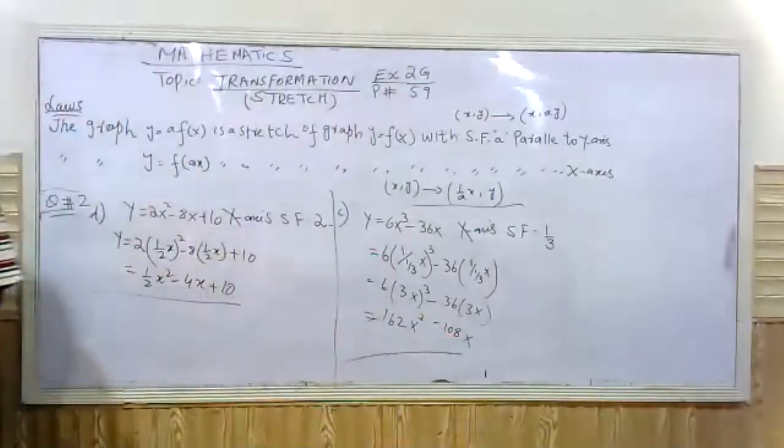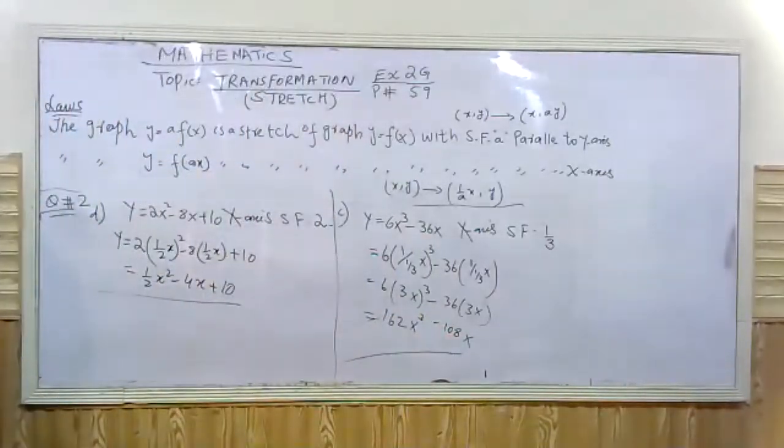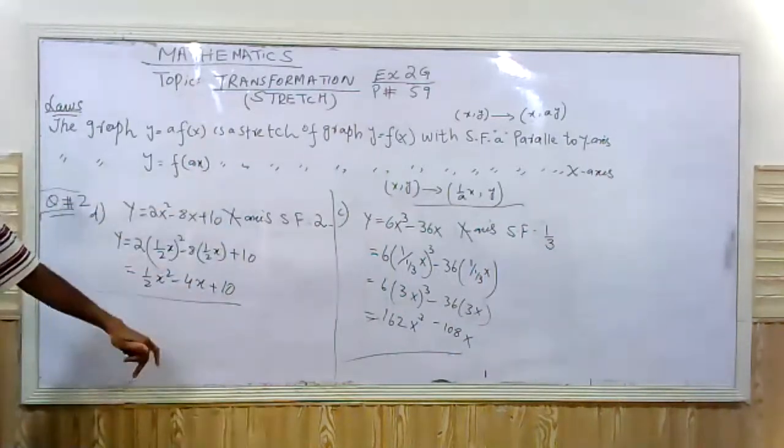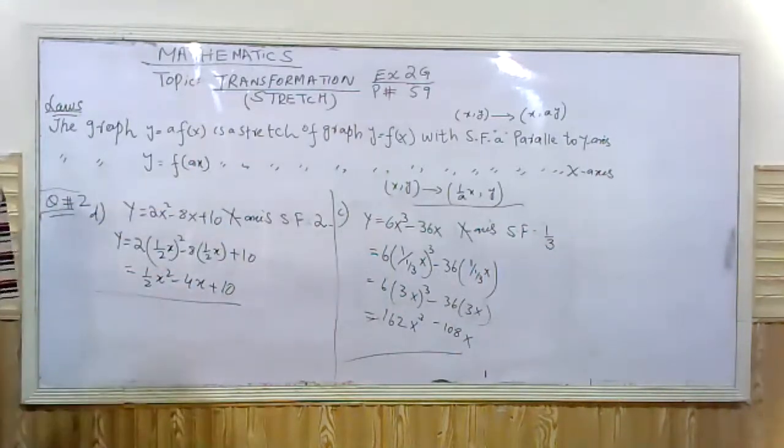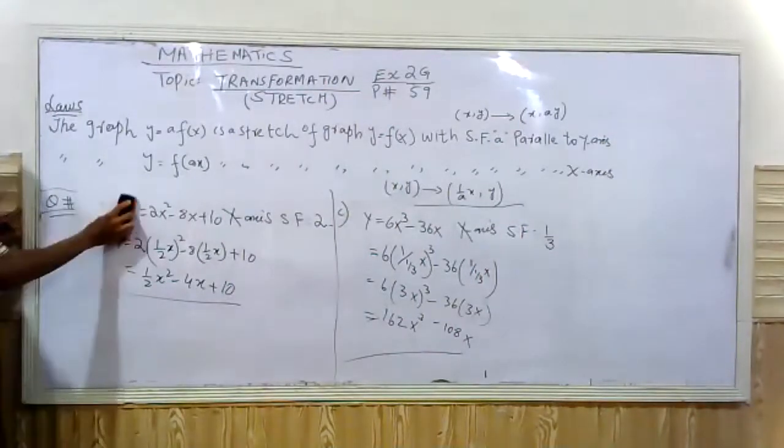This is the second type of question: when the equation and the stretch factor are given regarding the x-axis or y-axis, how we get the image equation. Now the third type of question.